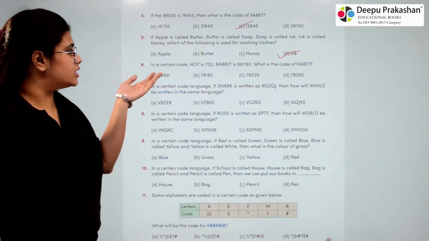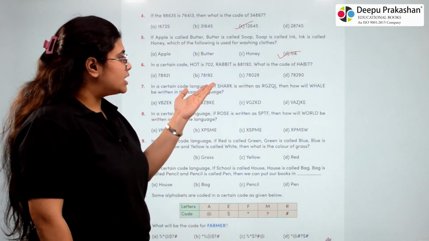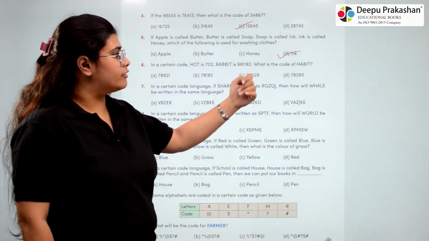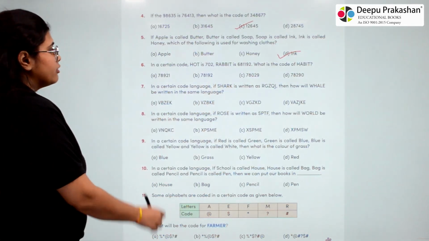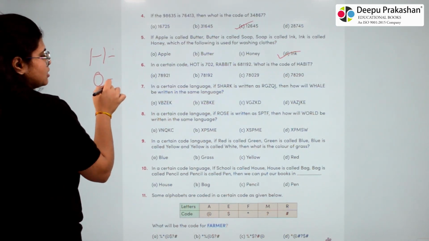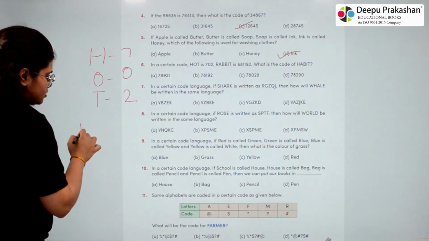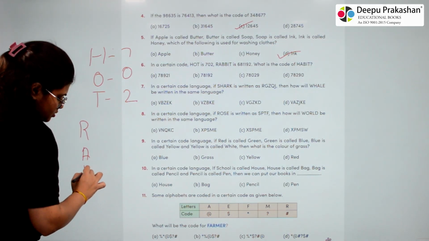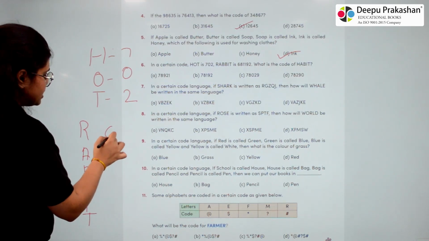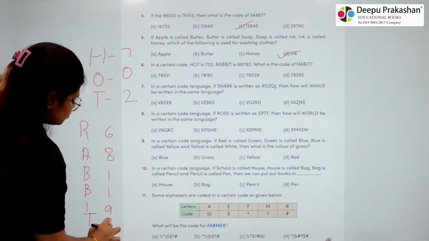6. In a certain code, hot is 702. Rabbit is 681192. What is the code of habit? So here we are given hot as 702 and rabbit as 681192.